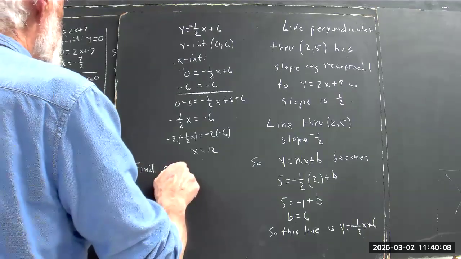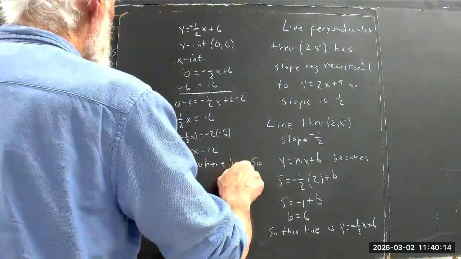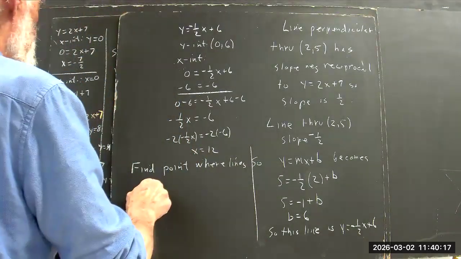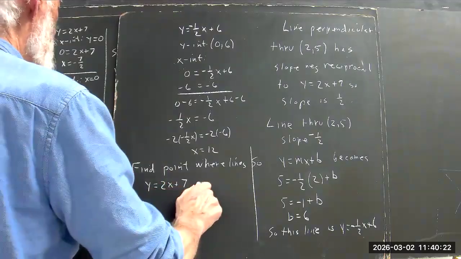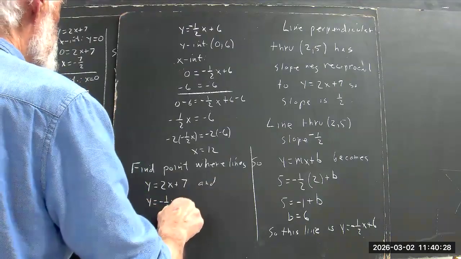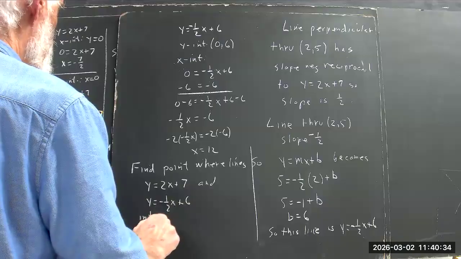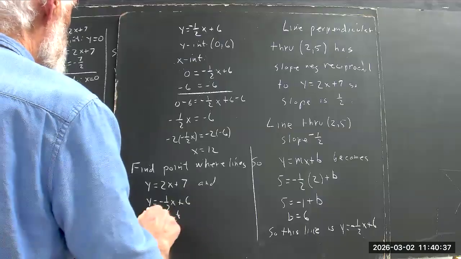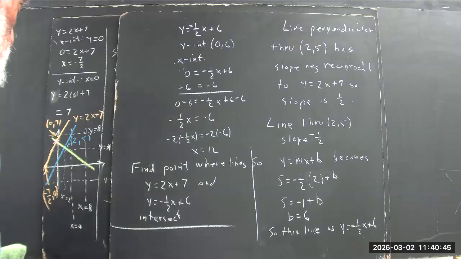So the next thing we want to do is find a point where the lines y equals 2x plus 7 and y equals negative 1/2 x plus 6 intersect. Now I'm going to say it just kind of briefly here.